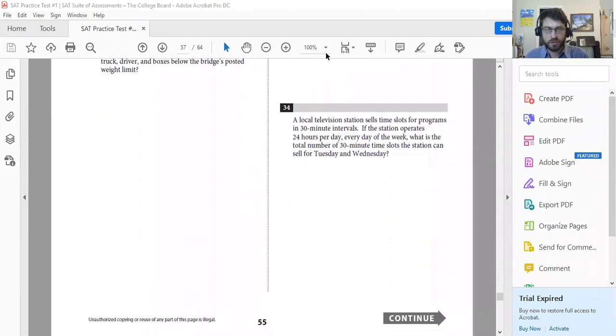Number 34, a local television station sells time slots for programs in 30-minute intervals. If the station operates for 24 hours per day, every day of the week, what is the total number of 30-minute time slots the station can sell for Tuesday and Wednesday? So we're looking at 2 days. We have 1 day, it's 24 hours, days canceled out.